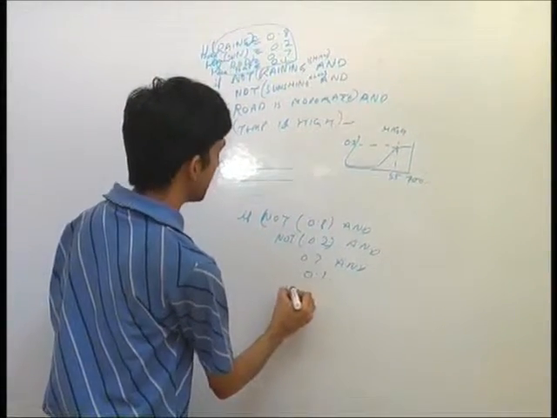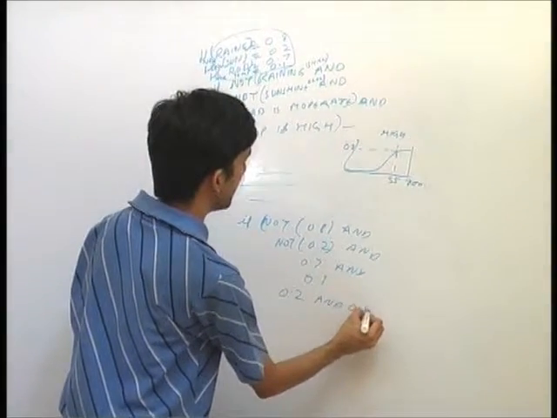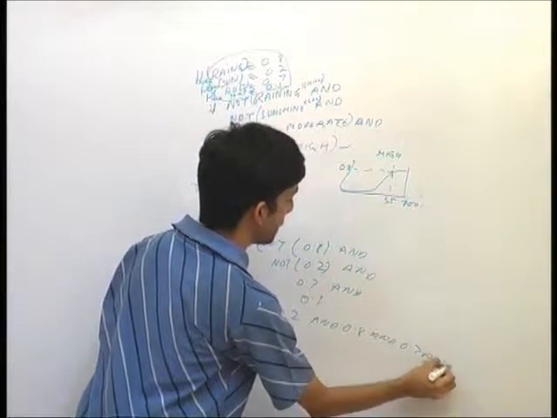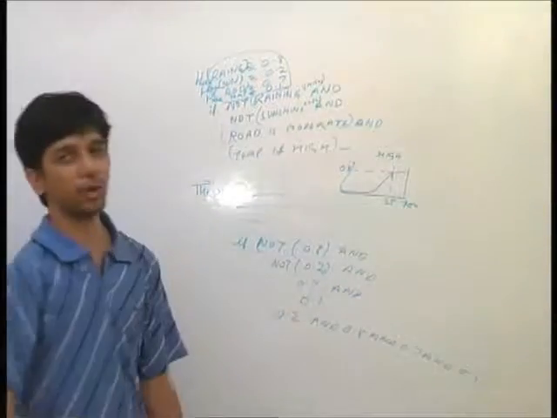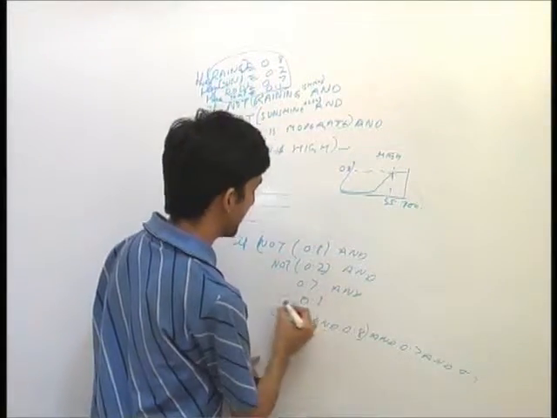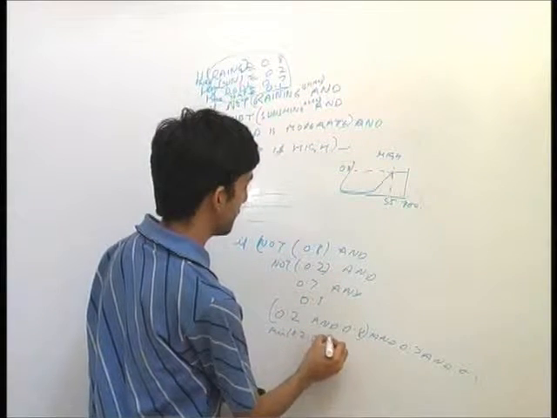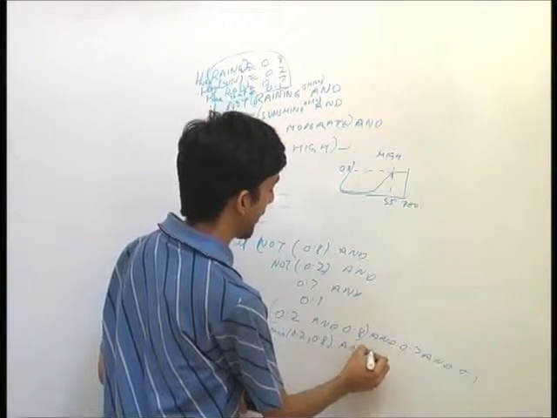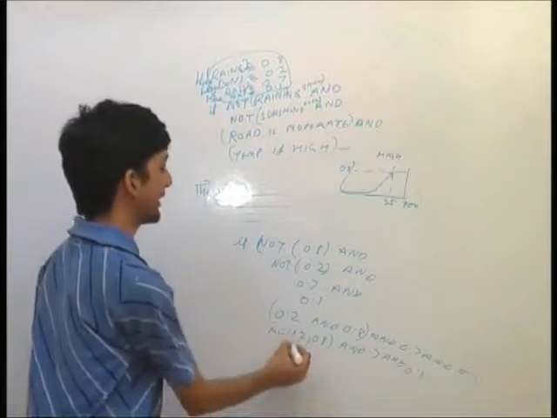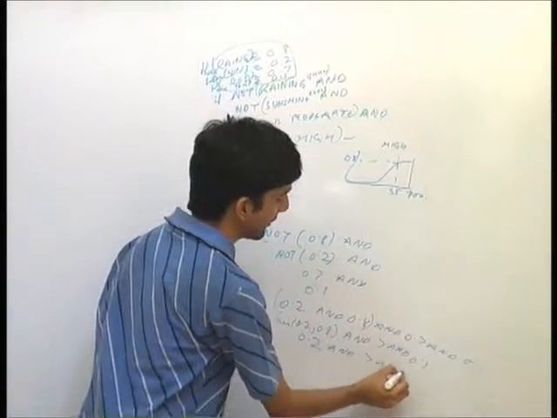Not 0.8 is 0.2, and not 0.2 is nothing but 0.8, and 0.7 and 0.1. Let me say the problem modeling was such that I was using min. 0.2 min 0.8, and 0.7 and 0.1. This will be nothing but 0.2 and 0.7 and 0.1.